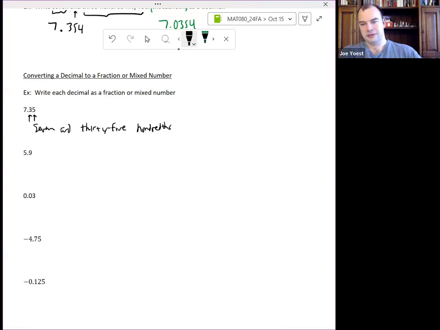Or in other words, that's 7 and 35 hundredths. 7 and 35 over 100. One thing that's really nice about being able to verbalize these really carefully is it makes it actually really easy to convert to a mixed number.